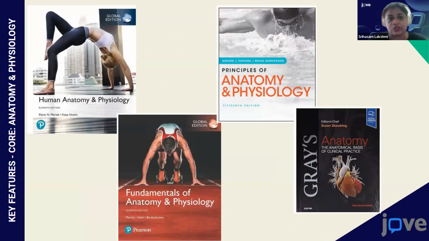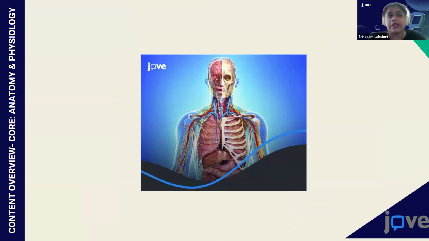So these are the standard textbooks like Marieb, Martini, and Tortora we have referred to. Currently, this anatomy and physiology collection is something that is in process. We have part 1 and part 2, unit 1 and unit 2 released, but we also have more units coming up in the pipeline.